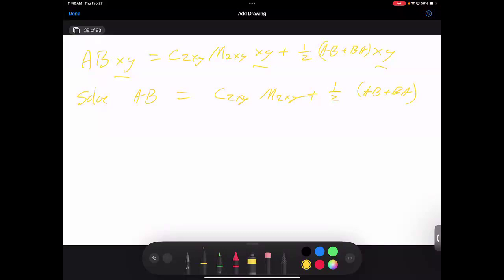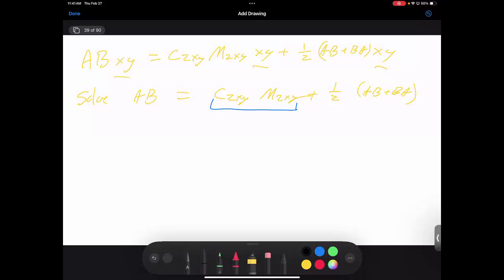What are we trying to find? Well, both the coefficients. Yeah, so we're trying to find this piece. How can we find that? What should we do?